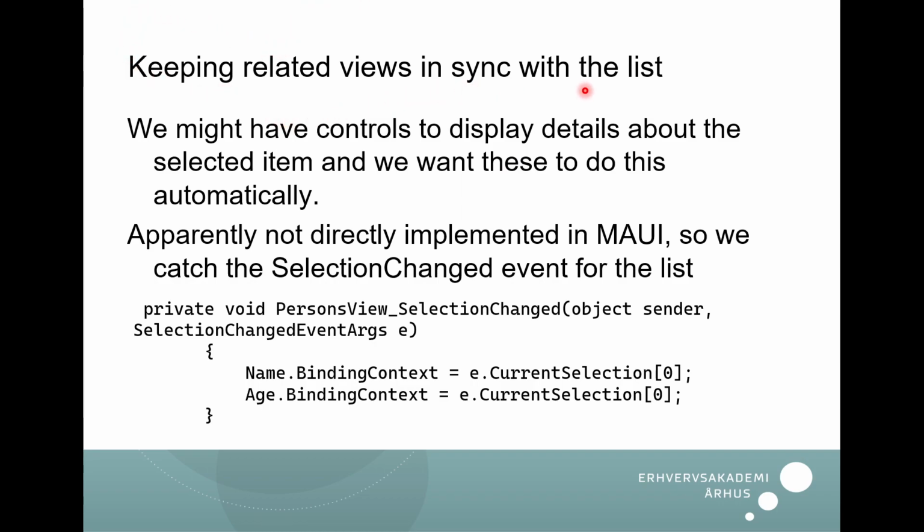So what I want to do is keep related views in sync with the list. When I choose something in the collection view, I want this to be reflected on the two entries, automatically. In previous versions of various .NET frameworks, this was relatively easy to achieve.